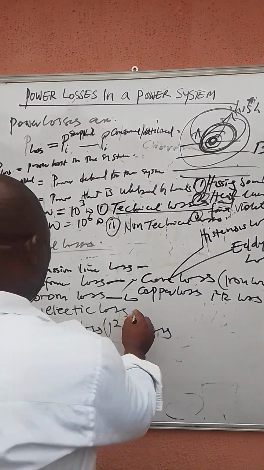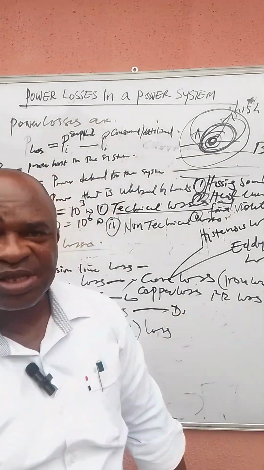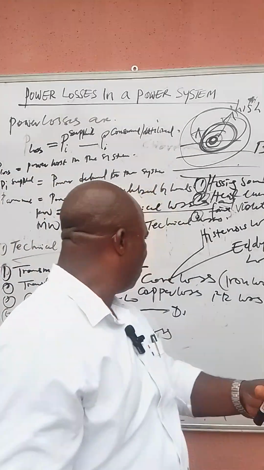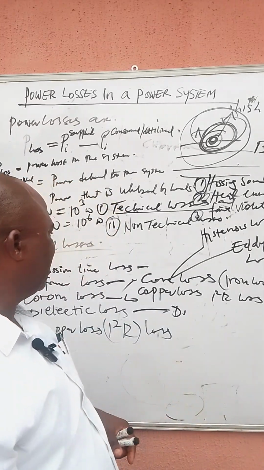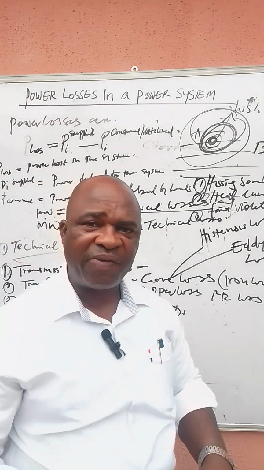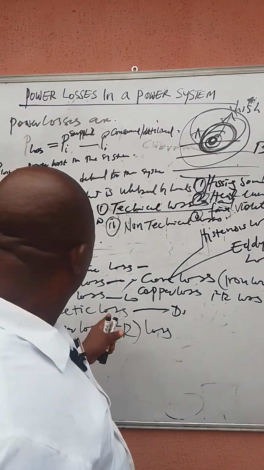Now we go to dielectric loss. Dielectric loss is a loss that happens on insulating materials as a result of the electric field that is connected to them.